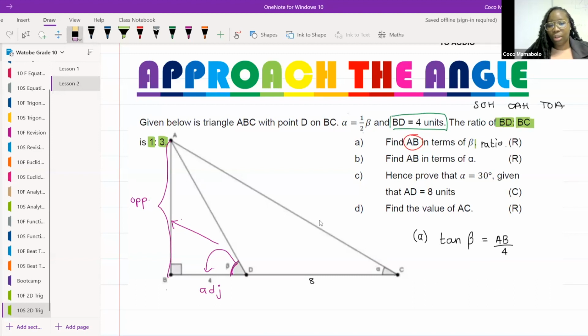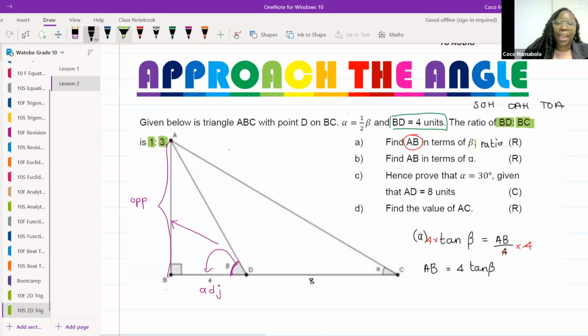Multiply by 4. So we're going to multiply by 4 on both sides. Thank you, offensive. All right. So I now know AB is on its own. That means that AB is equal to 4 tan of beta.